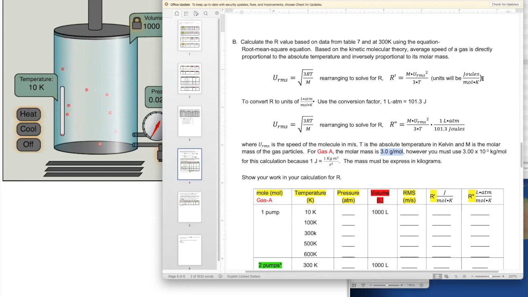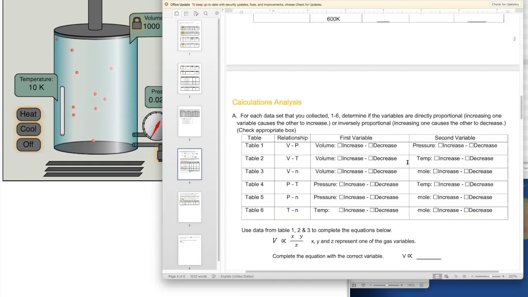When you're calculating the first one, you want to use 3.0 times 10 to the minus 3 kilograms per mole. That gives you R prime. Then to calculate R double prime, the second gas law constant, just take R prime, divide by 101.3 joules, and that converts joules to liters atmosphere. That basically is it right here.